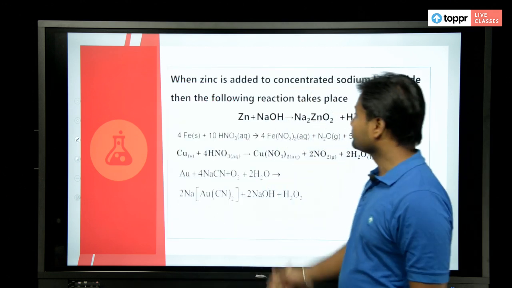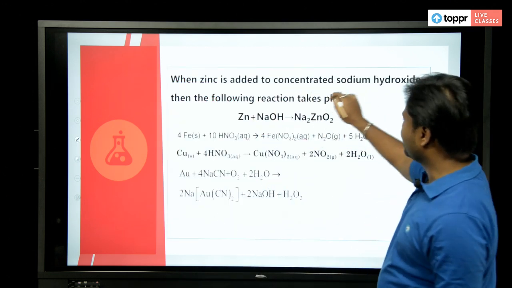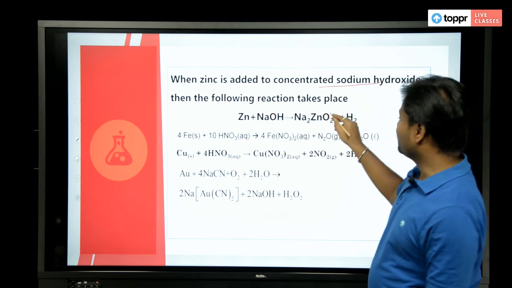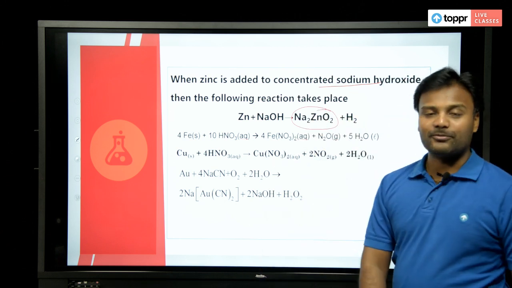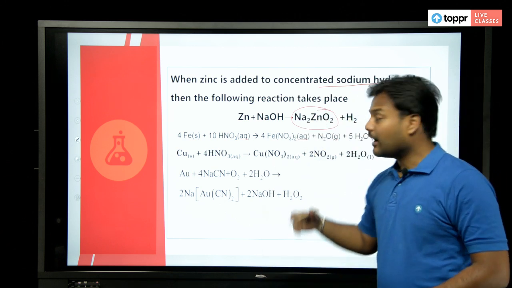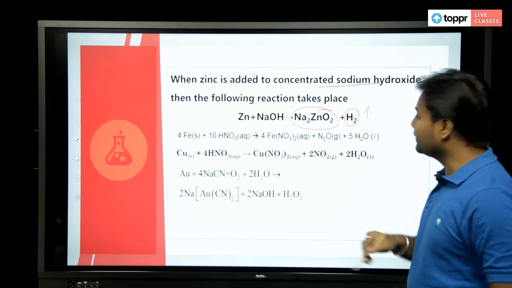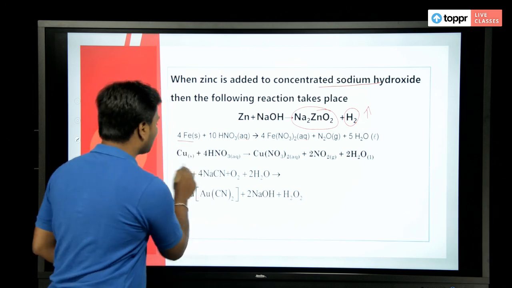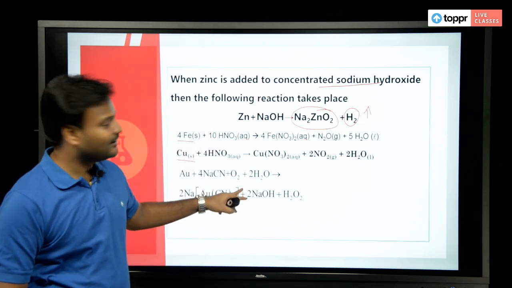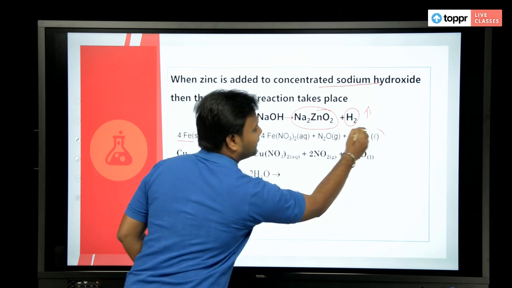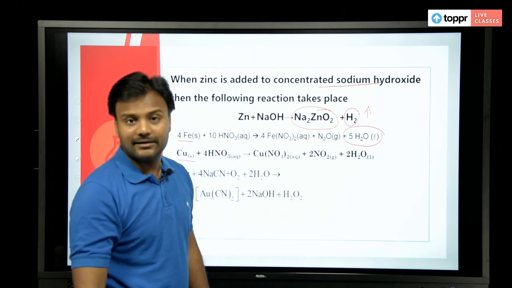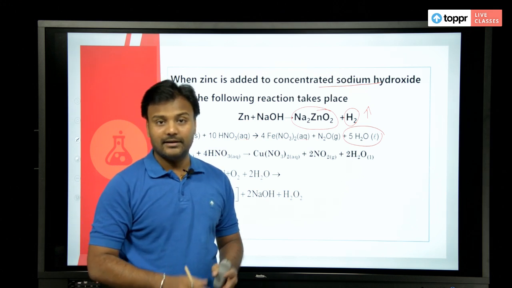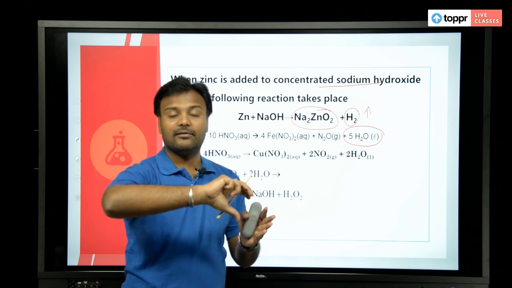Let us see. When zinc is added to concentrated sodium hydroxide, you get the compound sodium zincate, and there is liberation of hydrogen gas. But what is going to happen when iron or copper is treated with nitric acid? This is water that is liberated, it is not the hydrogen gas. Got it? With nitric acid, water is liberated.